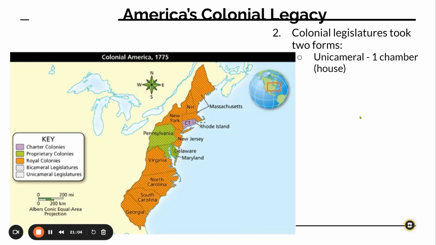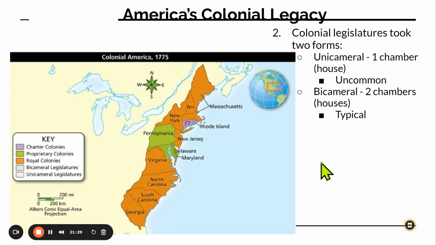There are two types. One is unicameral, which means one chamber or one house, which is, as we can see on the map, there's a reason I've kept this map from slide to slide. By the time we get to 1775, Pennsylvania is the only colony that has a unicameral legislature.